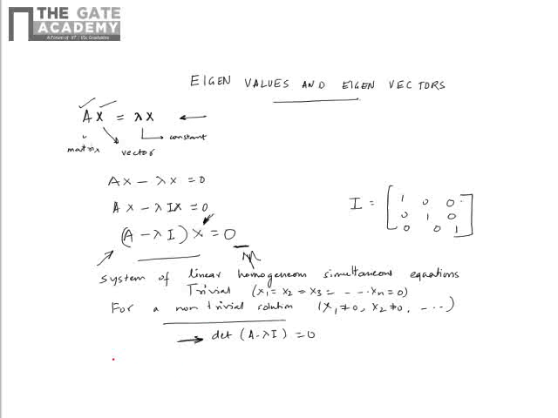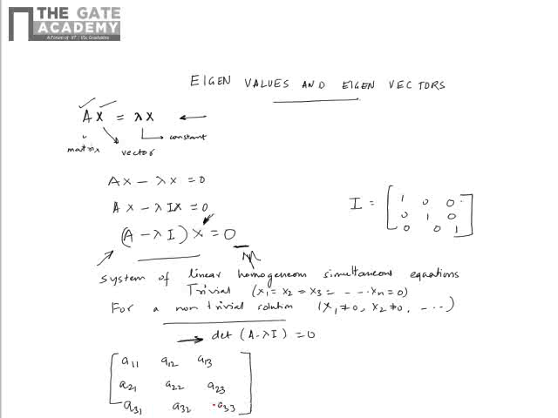Now say A happens to be a matrix something like this: A11, A12, A13, A21, A22, A23, and then A31, A32, A33.